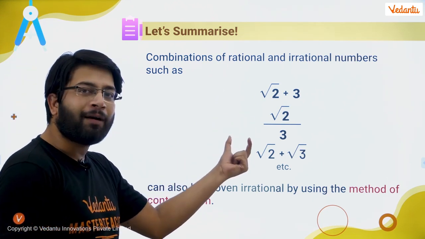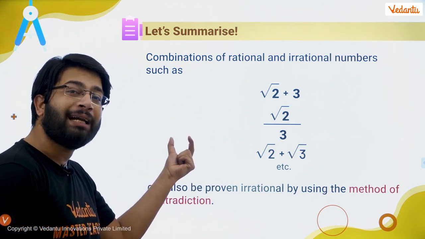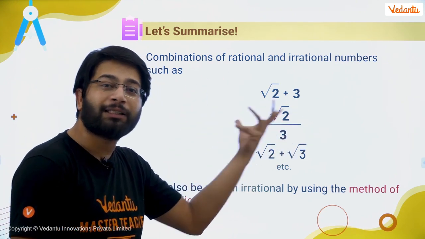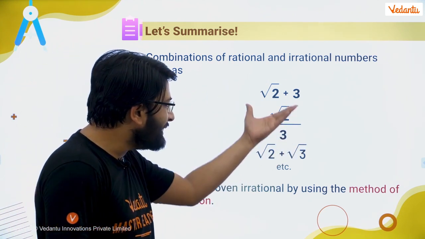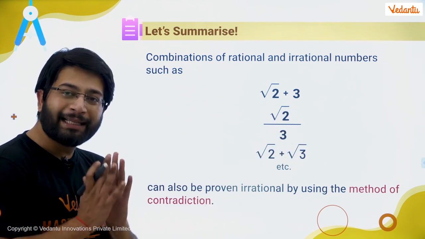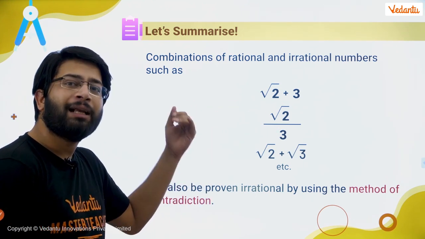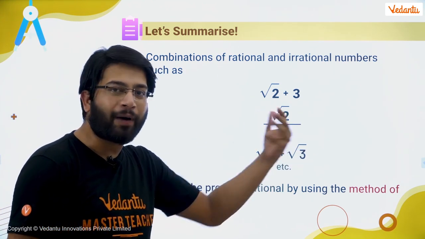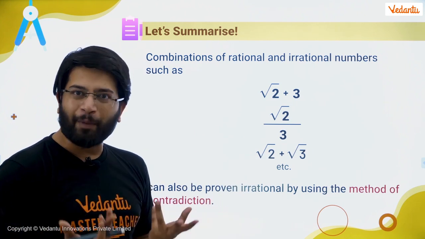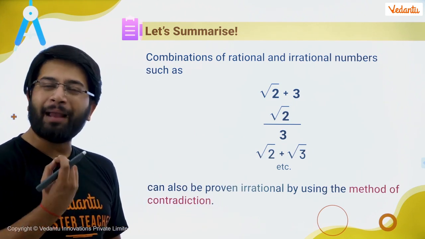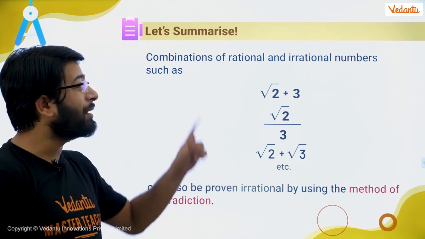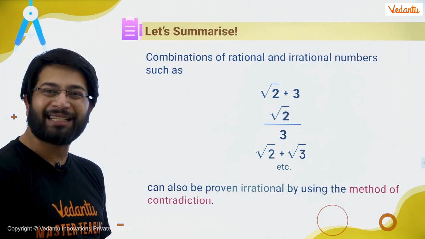Just keep the rational value on one side, and the irrational value on the other side. In all of these kinds of examples, just keep one thing in your mind: keep the irrational quantity on one side, rational on the other, and which is not possible. Hence, with the method of contradiction, we can say the number is irrational. I hope it is clear.